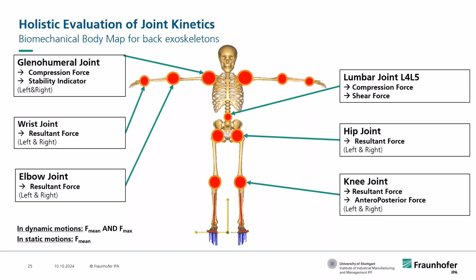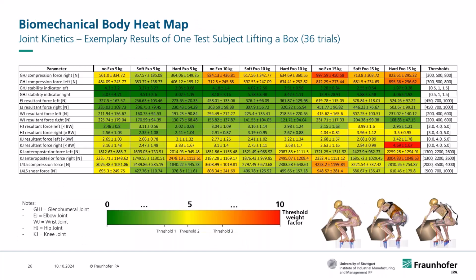And further important is that in the dynamic motion, you should have a look at the mean and the max values of those forces. And in static motions, it's enough if you check the mean forces. So what did we do in the project?